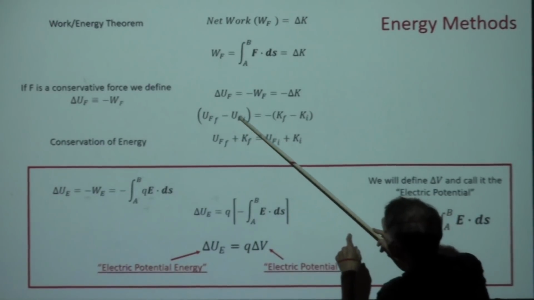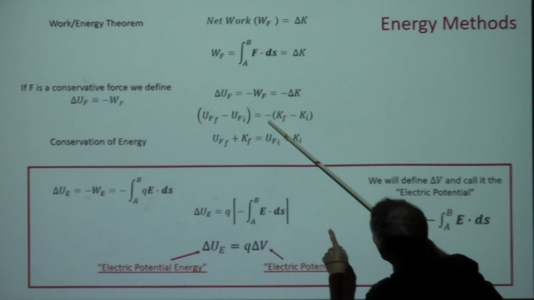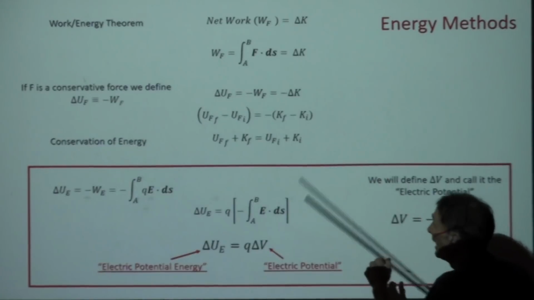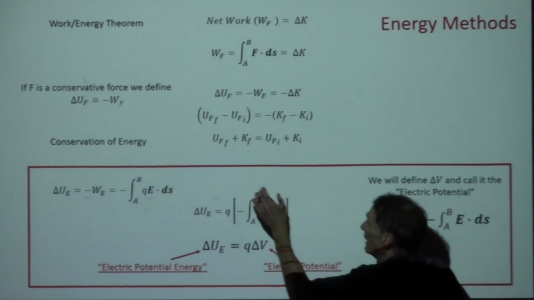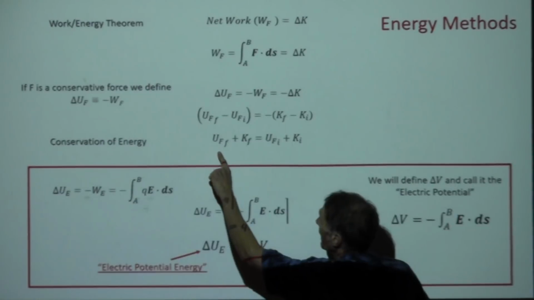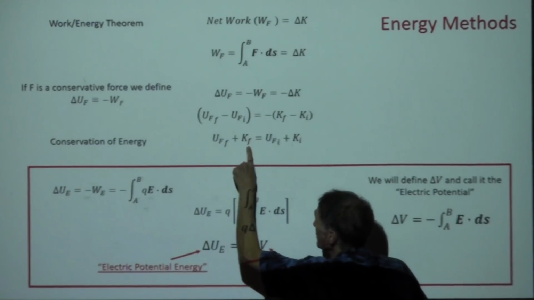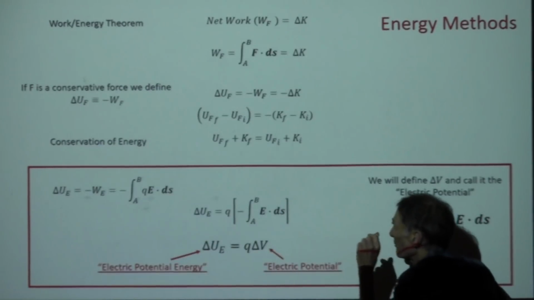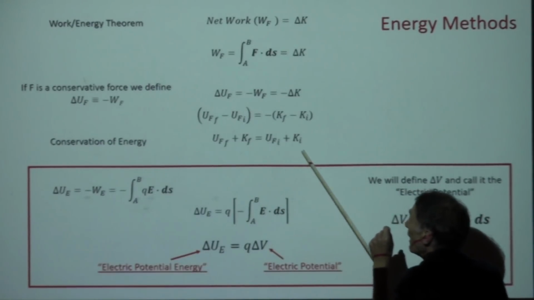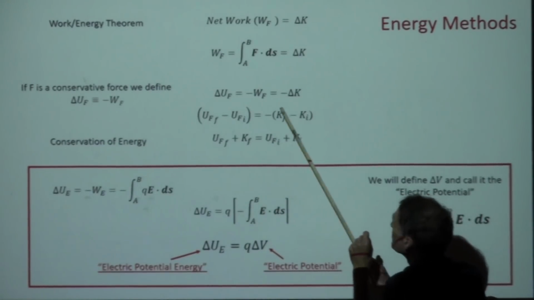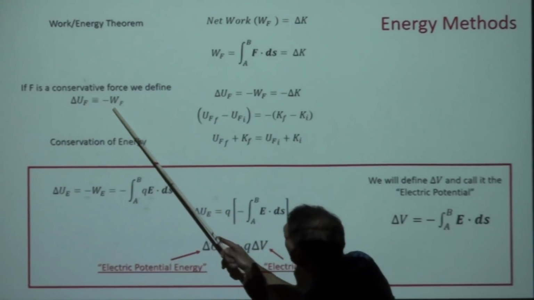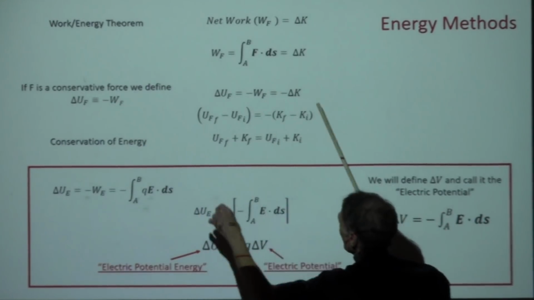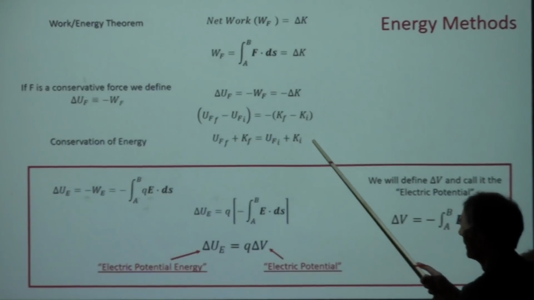And then we've got K initial, minus times a minus is a plus. And this is how we did conservation of energy. We still do: U final plus K final is equal to U initial plus K initial. We were able to line this stuff up nicely because we made that little minus sign there so that things could juggle and work out fine.